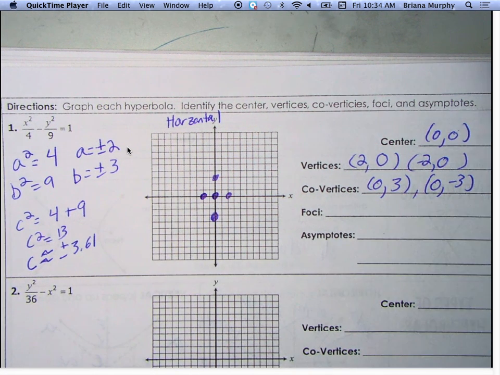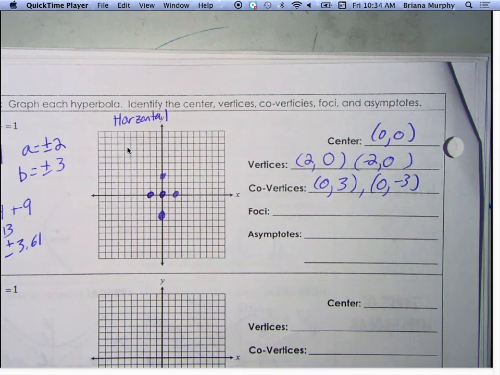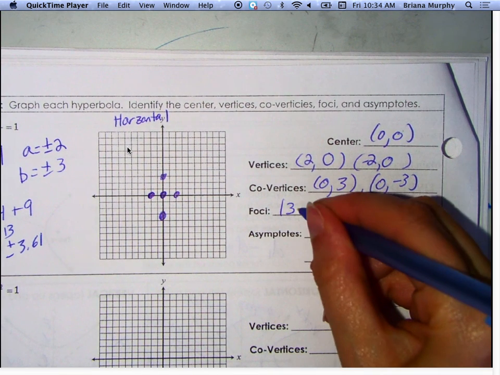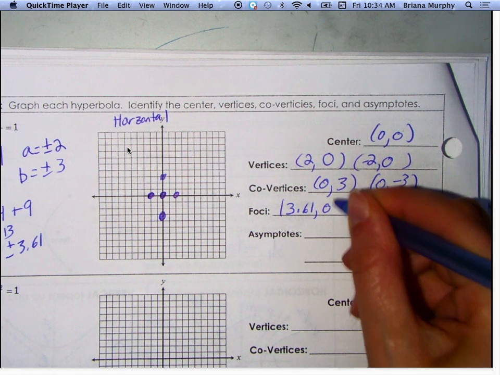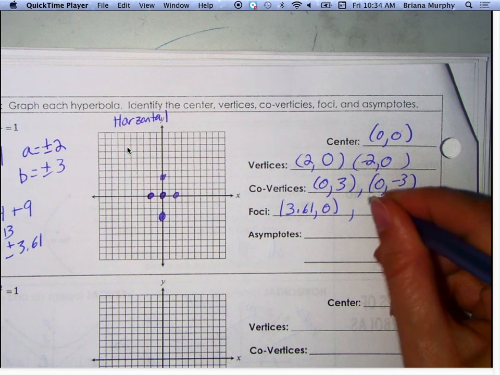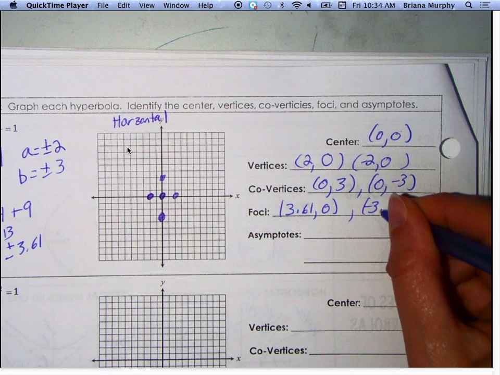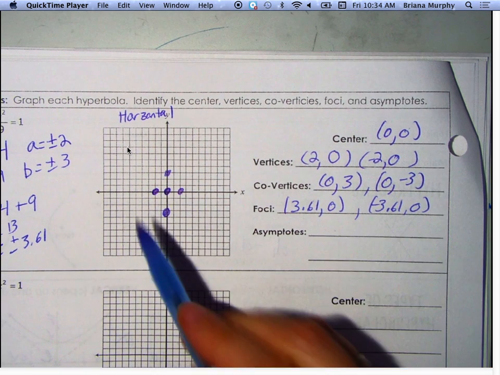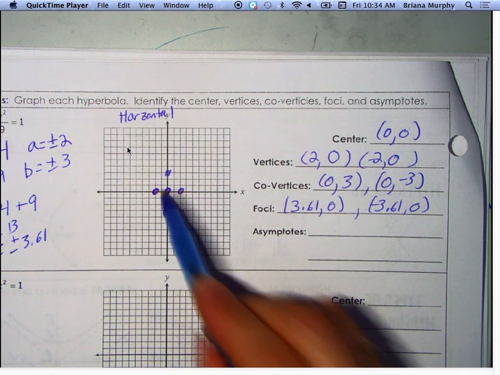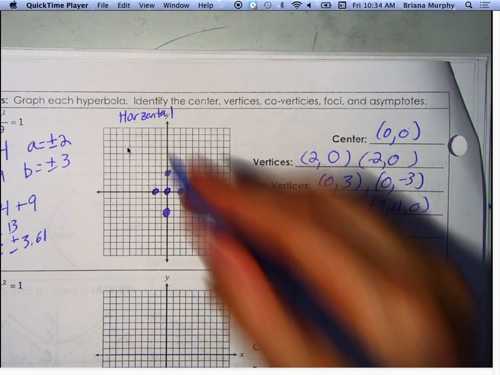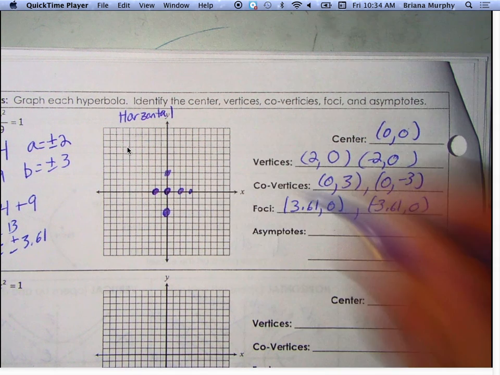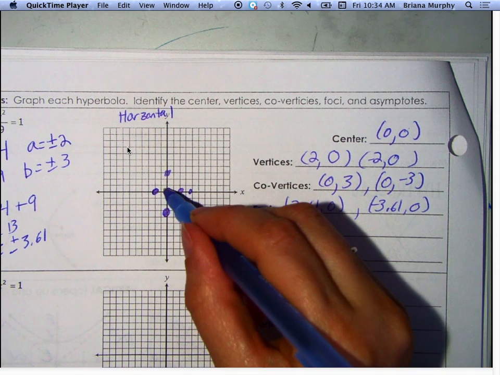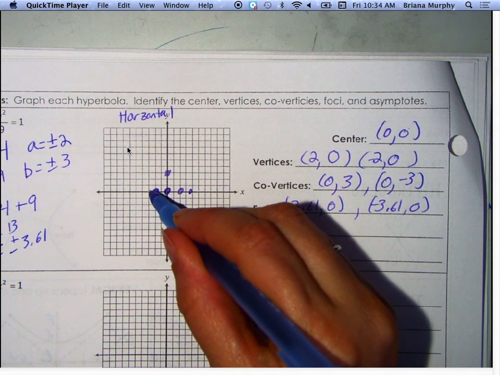Since it's horizontal, how am I going to write these focus points? 3.61 comma 0 and negative 3.61 comma 0. Let's graph those. I'm going to start at the origin, go to the right 3.61, then start at the origin and go left 3.61.